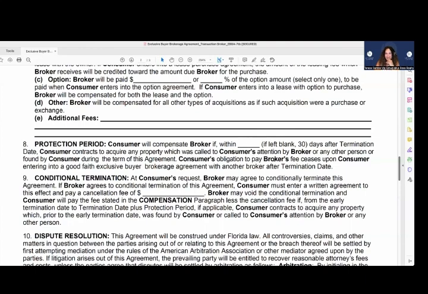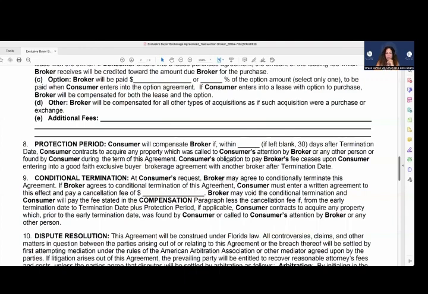So it's basically saying that if they enter into another agreement with another brokerage after the termination date, 60 days after the termination date, not before, because if they do it before, they still owe you money. They still owe you your compensation. You can still go after that compensation. But if they do it after the termination date, 60 days, 30 days, 90 days, after the termination date, this ceases to exist. This contract ceases to exist, and you cannot go after them.